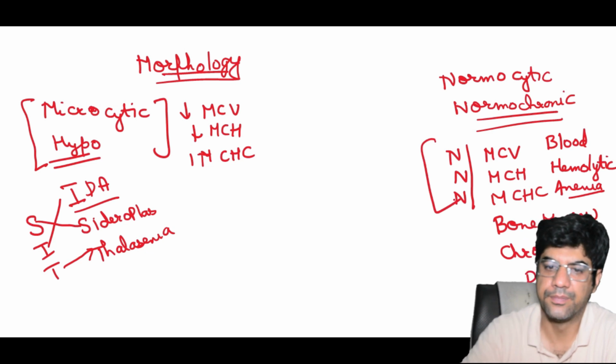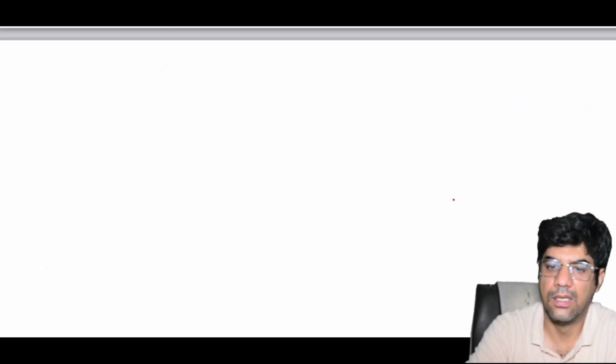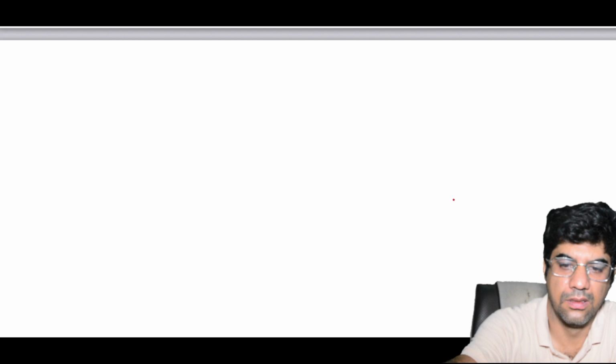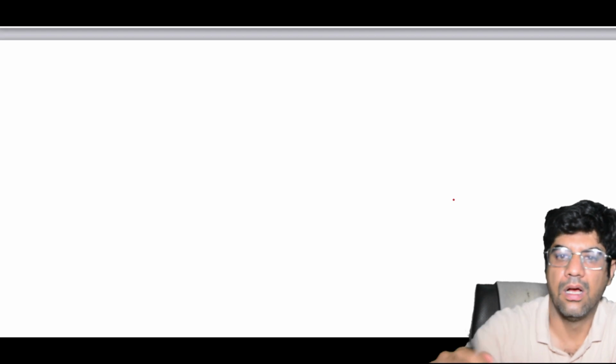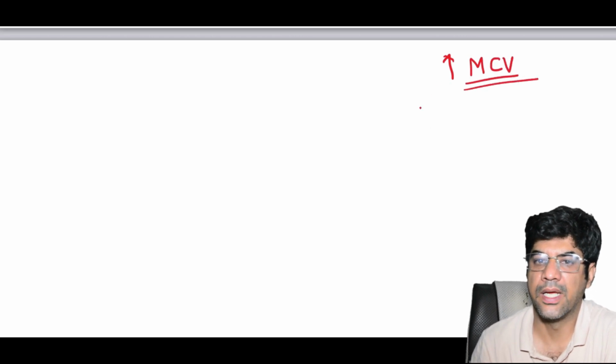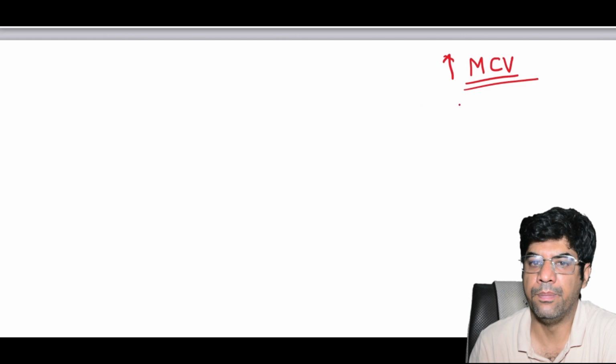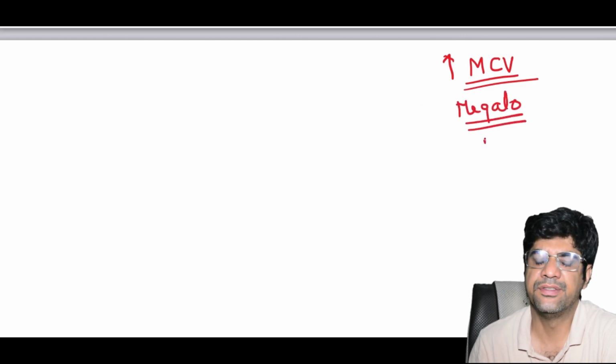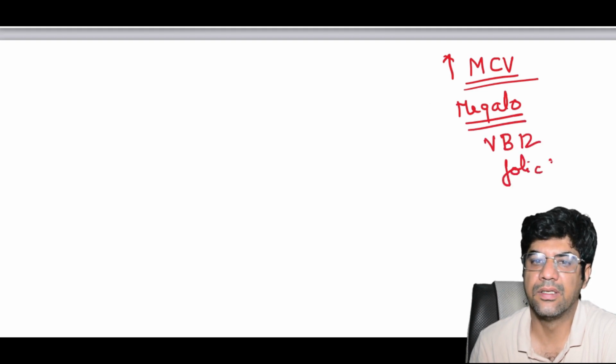So remember that. Other is raised MCV. An example could be megaloblastic anemia due to deficiency of vitamin B12 or folic acid.